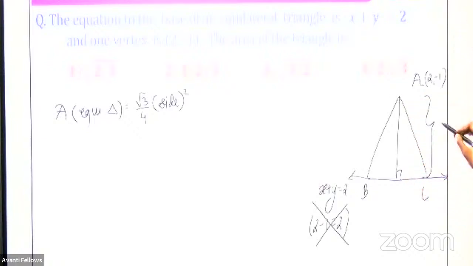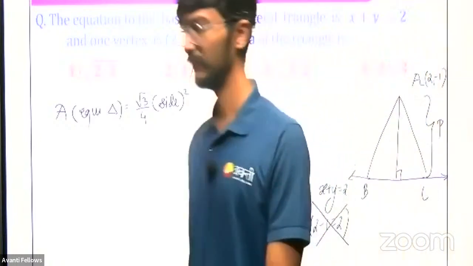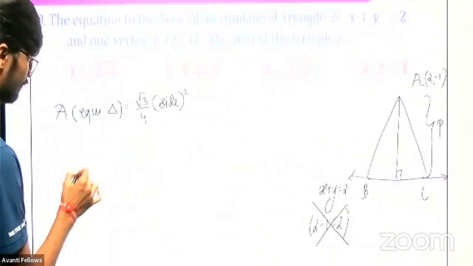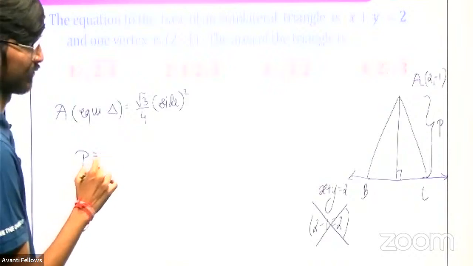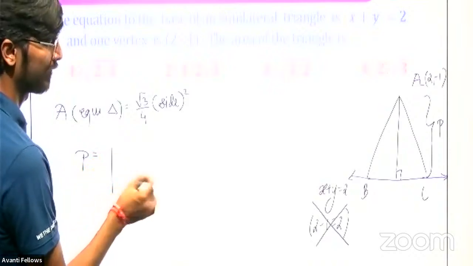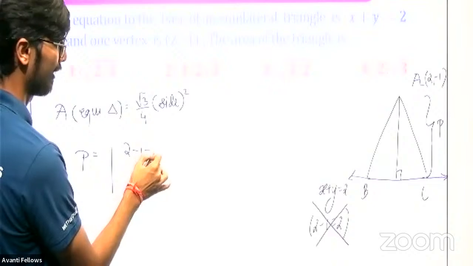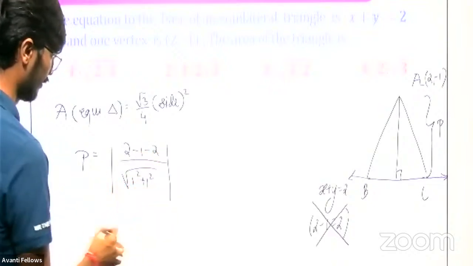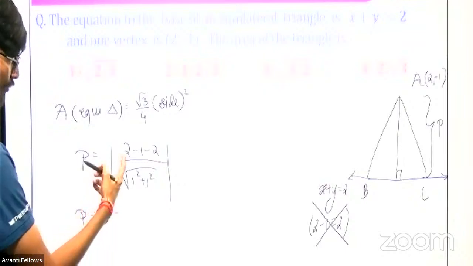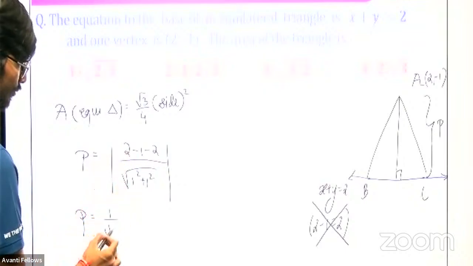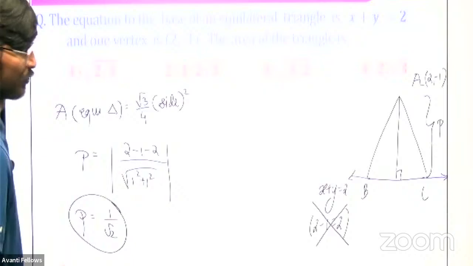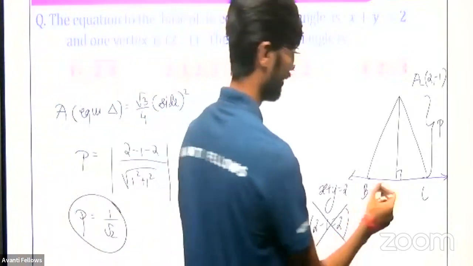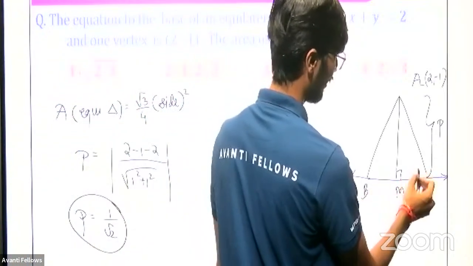So let's say this distance is small p. So I can get p is equals to, you can use the perpendicular distance formula, right? So let us substitute 2 minus 1 minus 2 upon under root of 1 square plus 1 square. So that means p is equals to 1 by root 2. So that means this distance, let's say this is AM, is 1 by root 2.